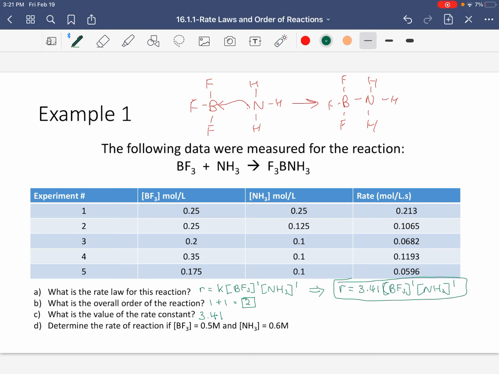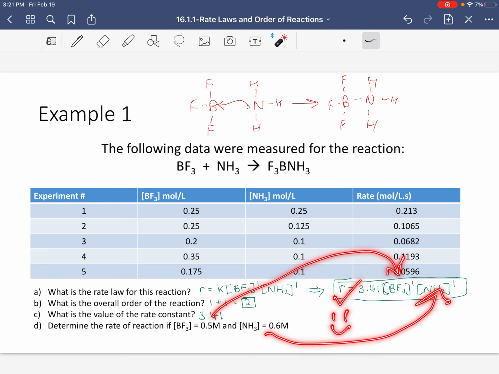Part D says, if I have BF3 at 0.5 and NH3 at 0.6, what's my speed? Since we already found out what the rate expression is, all you have to do is plug this here, and you'll find out what this is.